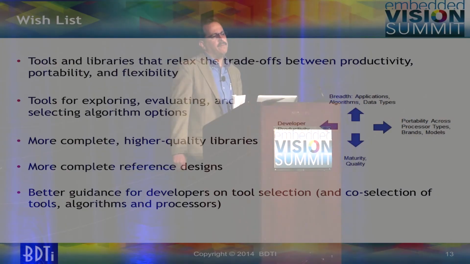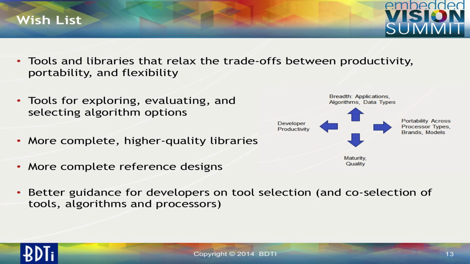So what we'd like more of, we'd like more tools like OpenVX that can deliver on what OpenVX is promising. For example, and specifically, relaxing this trade-off between developer productivity and portability on the one hand and efficient implementation on the other hand.